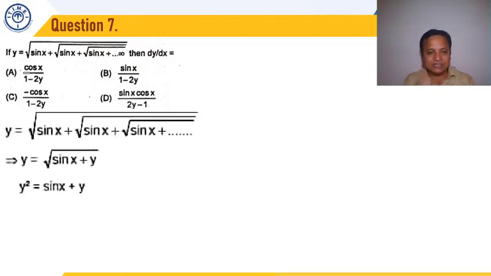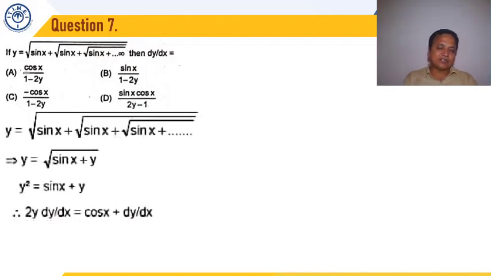Now, we can differentiate this expression. When we differentiate, y square differentiation is 2y. We are using x to the power n differentiation is n x to the power n minus 1. We assume y as x, and we are differentiating with respect to x. So it is 2y to the power 2 minus 1.